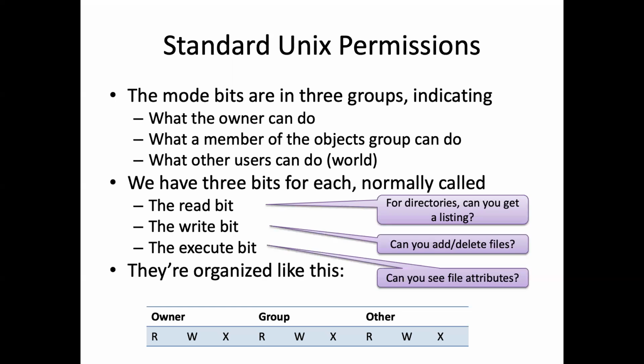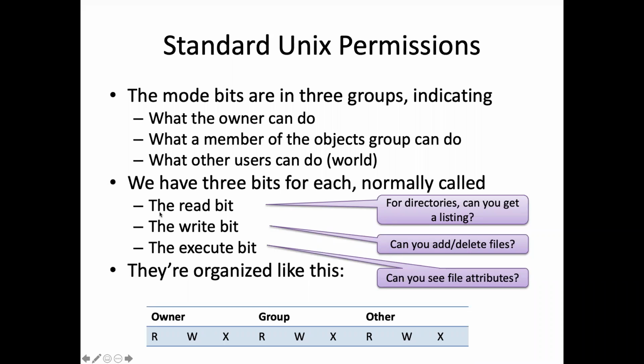And this is kind of what I've tried to hint at earlier. Typical permissions systems support a limited number of mechanisms, and those get interpreted differently depending upon what kind of object they're associated with.